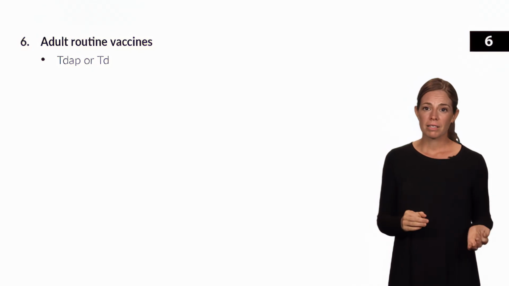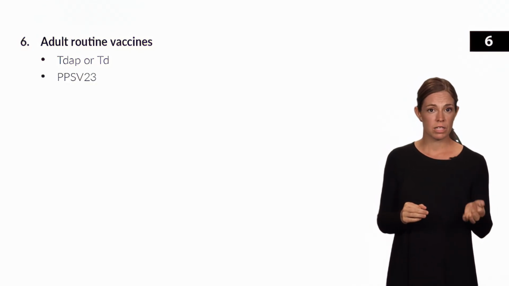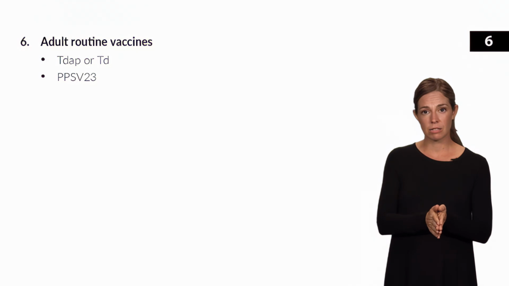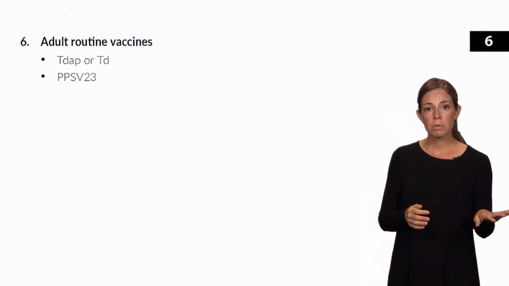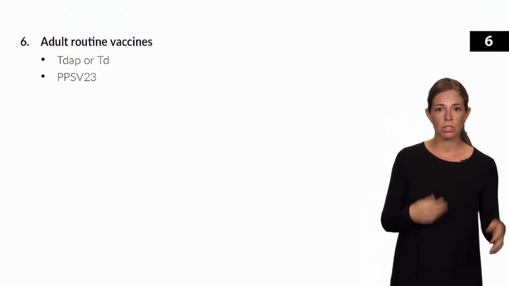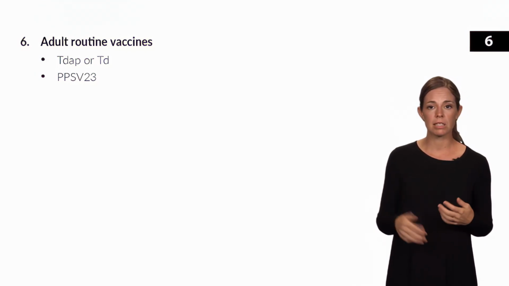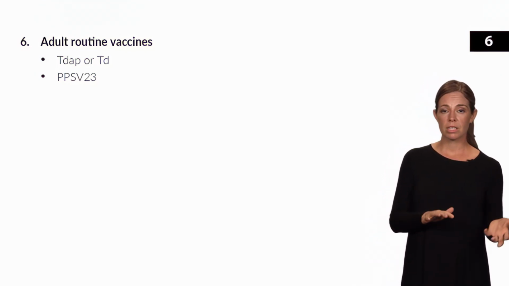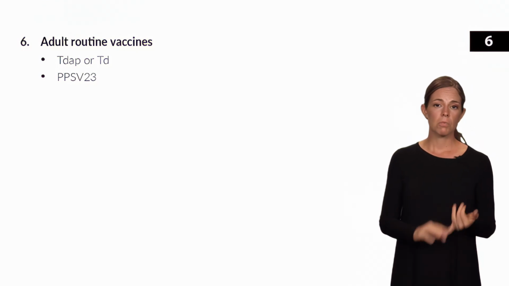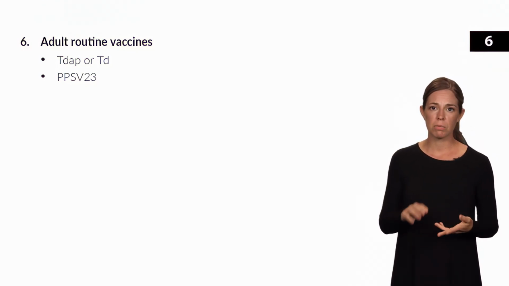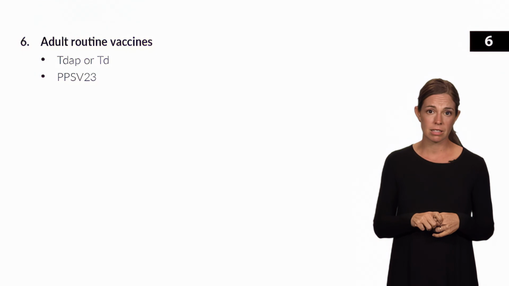Then the pneumococcal polysaccharide vaccine, that's PPSV23, is given once at 65 years or older. It could also be given to younger individuals with high-risk chronic medical conditions, diabetes, liver, lung, or heart disease, residents of long-term care facilities, smokers, asplenic patients, HIV patients, and patients with CSF leaks.